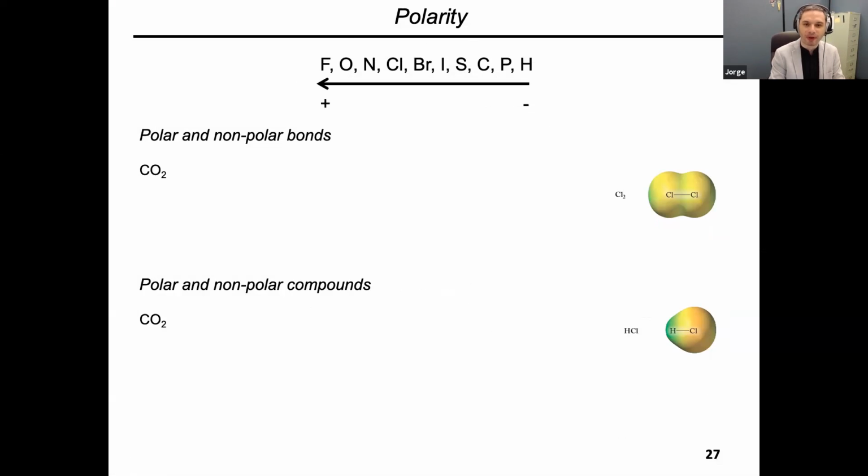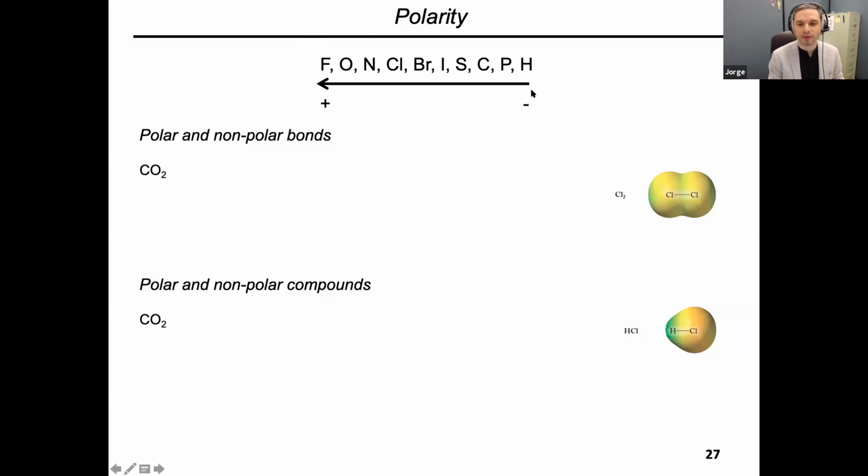Every time we have a covalent bond, that means we are sharing electrons. Ideally, both elements would share equally the electrons involved in the chemical bond. However, because some elements are more electronegative than others, those more electronegative elements will tend to pull the electrons close to itself compared with the other elements involved in the chemical bond.